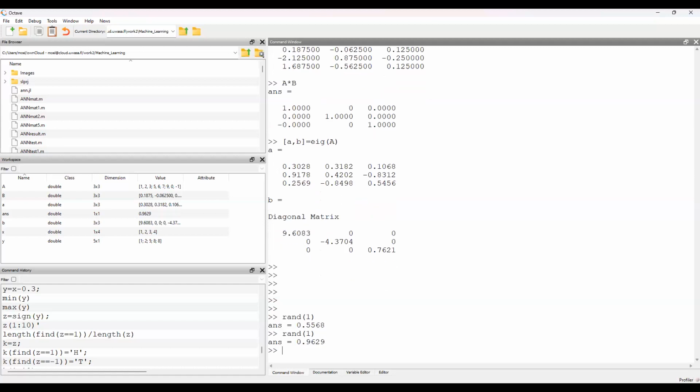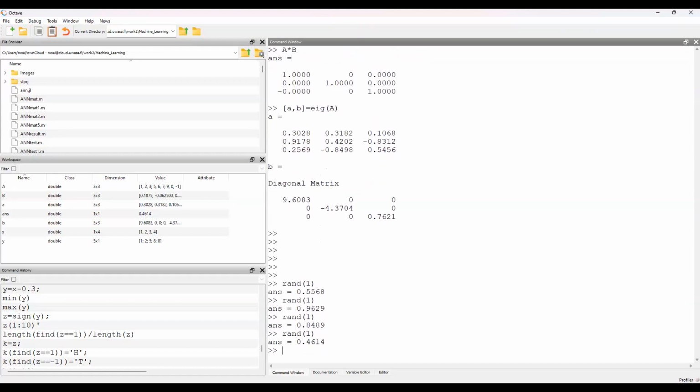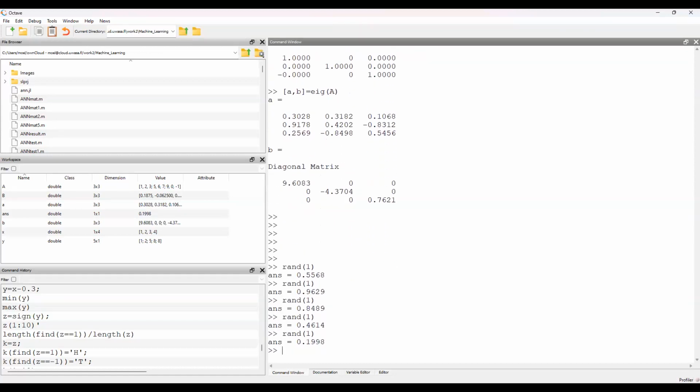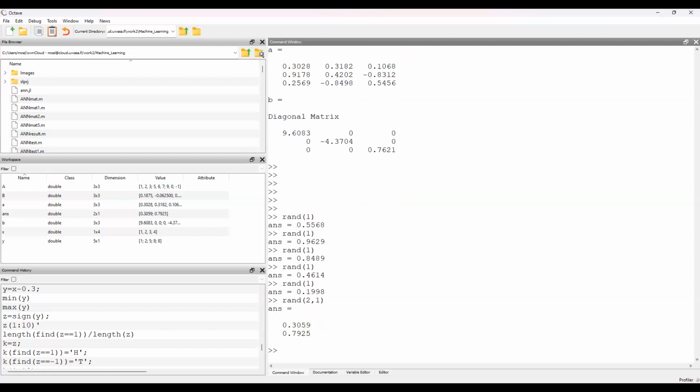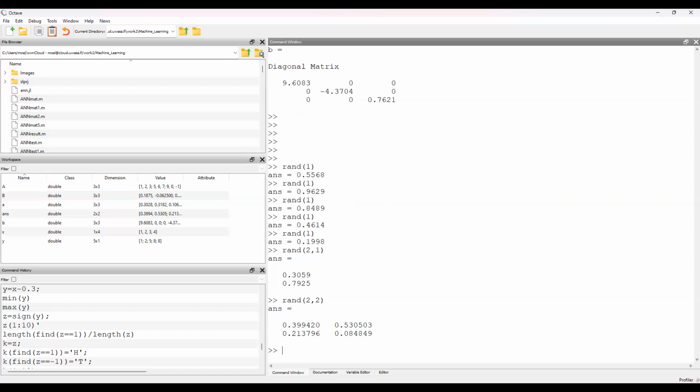You can see if you repeat it every time, you get a uniform random number from 0 to 1. If you write rand(2,1), it will generate a random vector which has 2 rows and 1 column, as you can see. If I write rand(2,2), it gives me a 2 by 2 matrix, where every entry is a random number from 0 to 1.